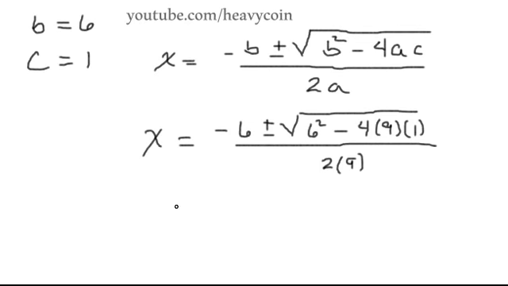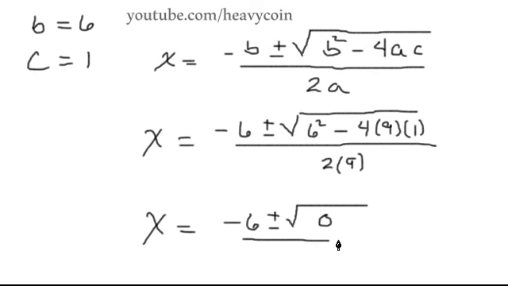And of course, we just simplify this down. x is equal to negative 6 plus or minus the square root. So after we do the arithmetic in here, we got 36 minus 36, which is 0, under the radical, okay, over 18.